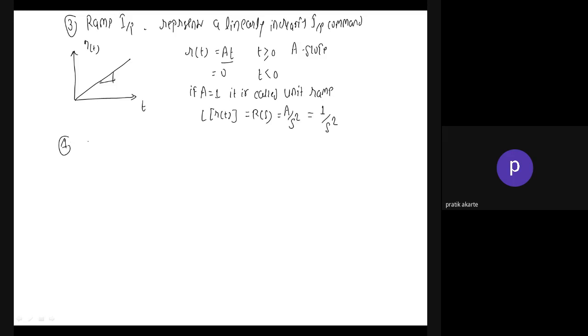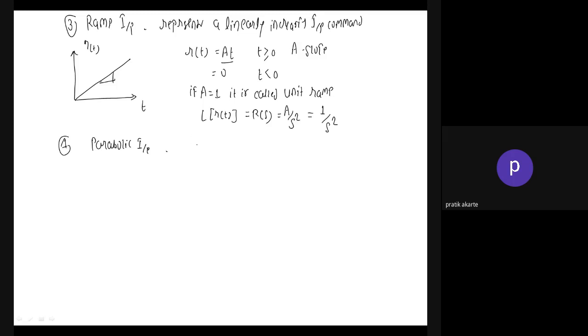The fourth input is parabolic input. Now, the rate of change of velocity, we know, is an acceleration. Okay, what is an acceleration?